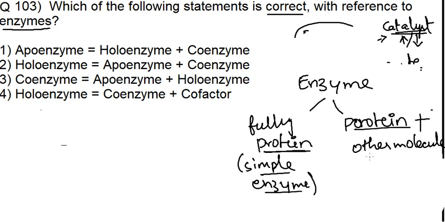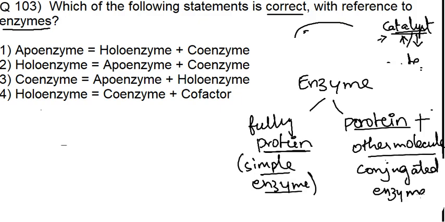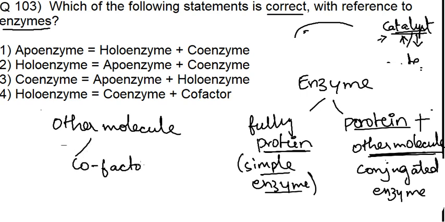An enzyme that is partially made up of protein and partially of another molecule is known as a conjugated enzyme. Why conjugated? It is conjugated with another molecule without which the enzyme is inactive. This other molecule is known as the cofactor.